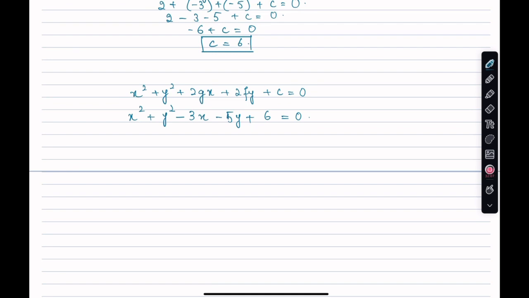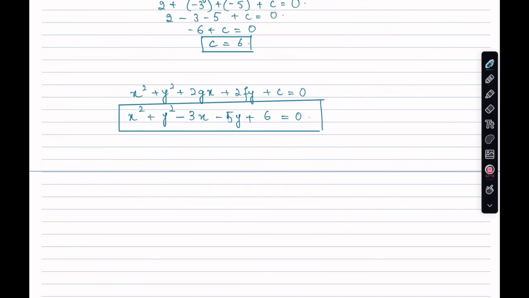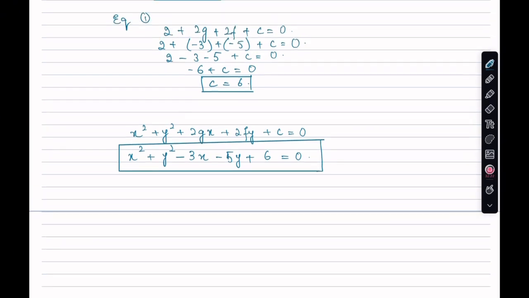So now I have obtained the general equation of a circle from the 3 points which were given on the circumference of the circle. This is how we will be solving and making the general equations of circles.